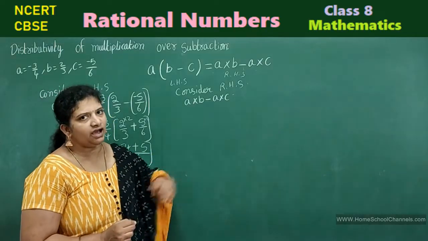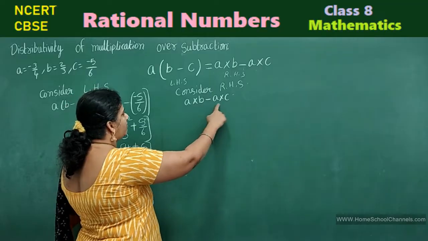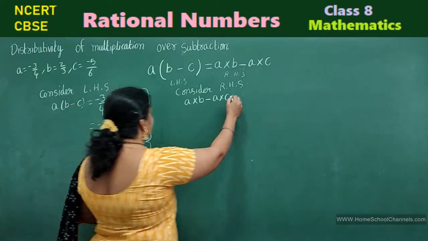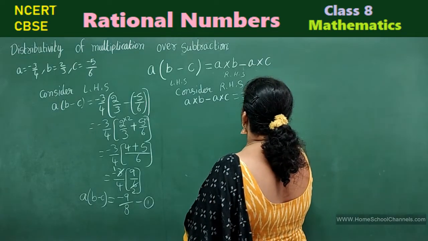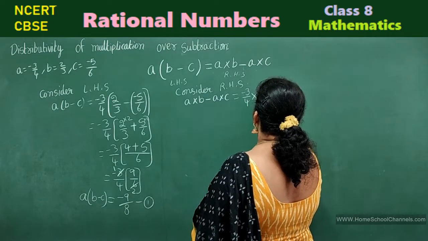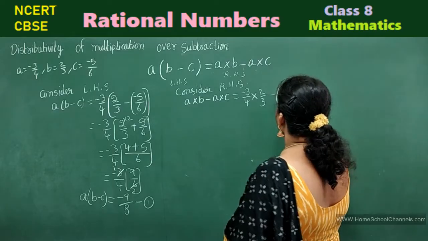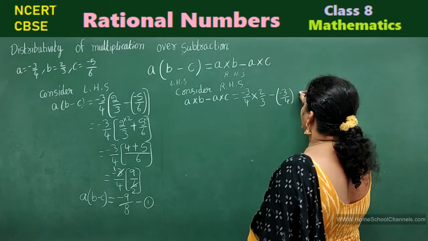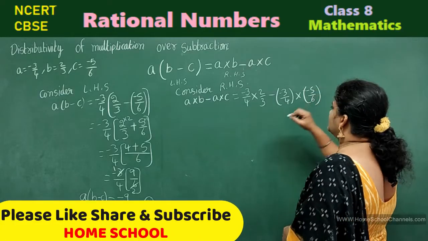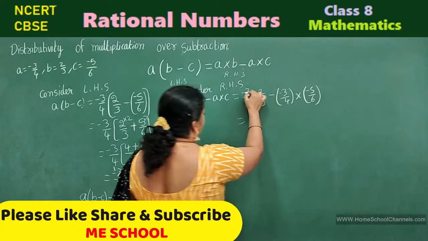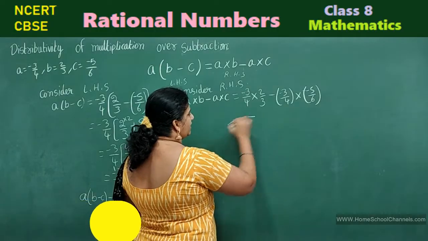Next, consider RHS. A into B minus A into C. Substitute A, B, C values. Minus 3 by 4 into 2 by 3 minus 3 by 4 into minus 5 by 6. Minus into plus, it will be minus.